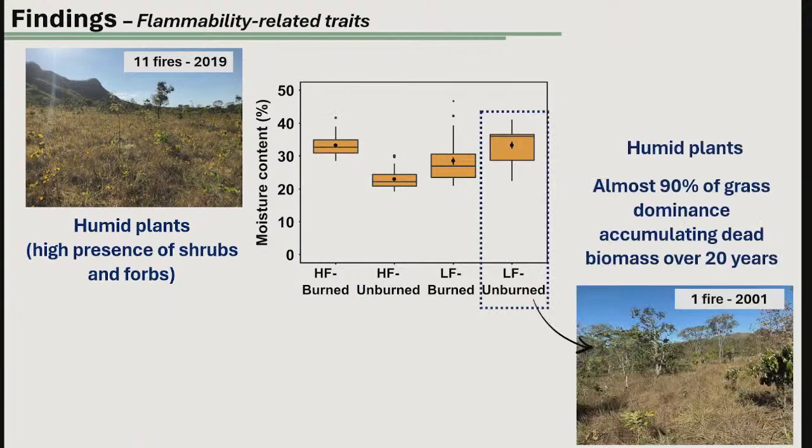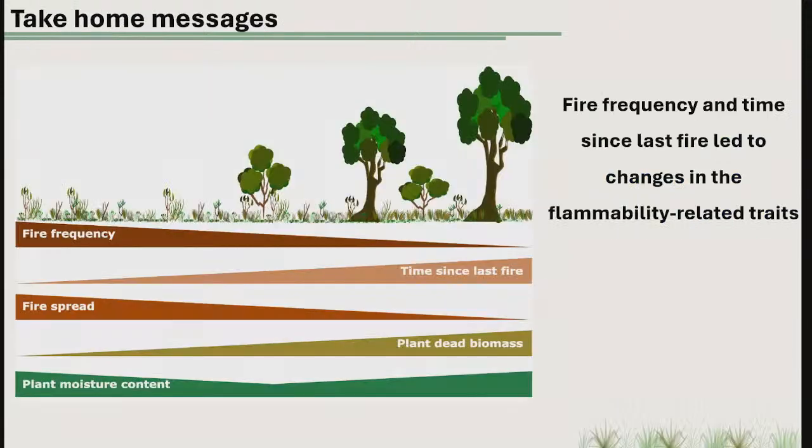And in the last area, the humid plants can be associated with a high dominance of graminoids in the ground, which are accumulating that biomass over 20 years of fire exclusion, and this material can be dense and humid.